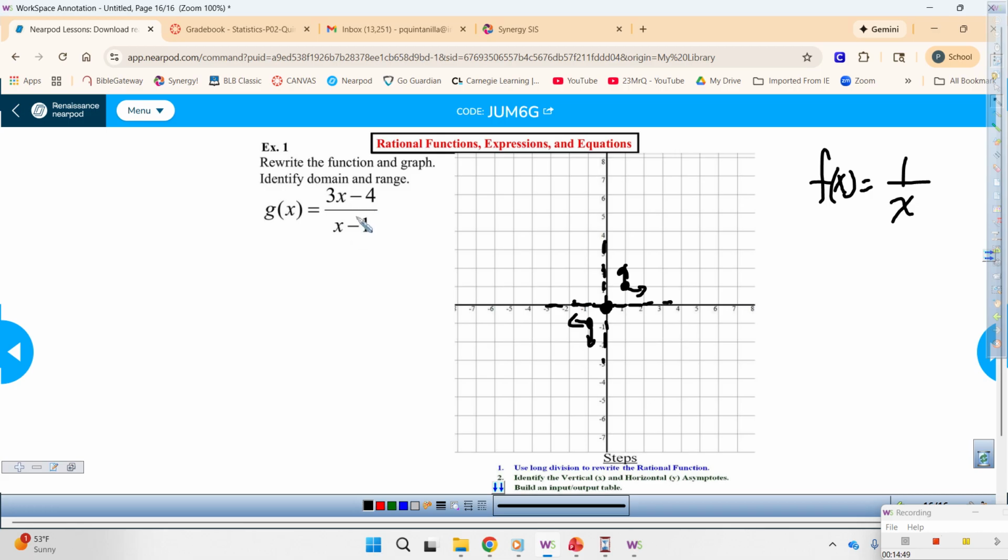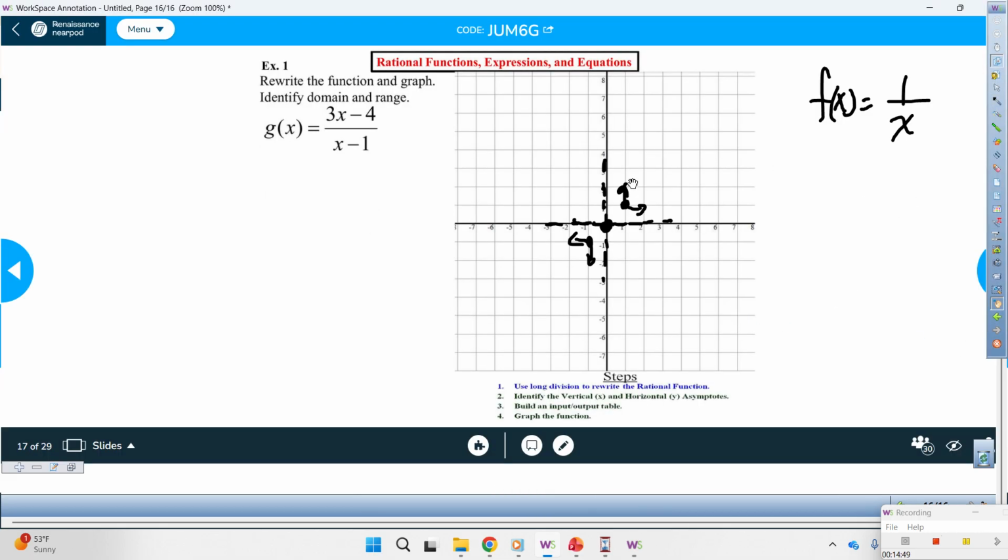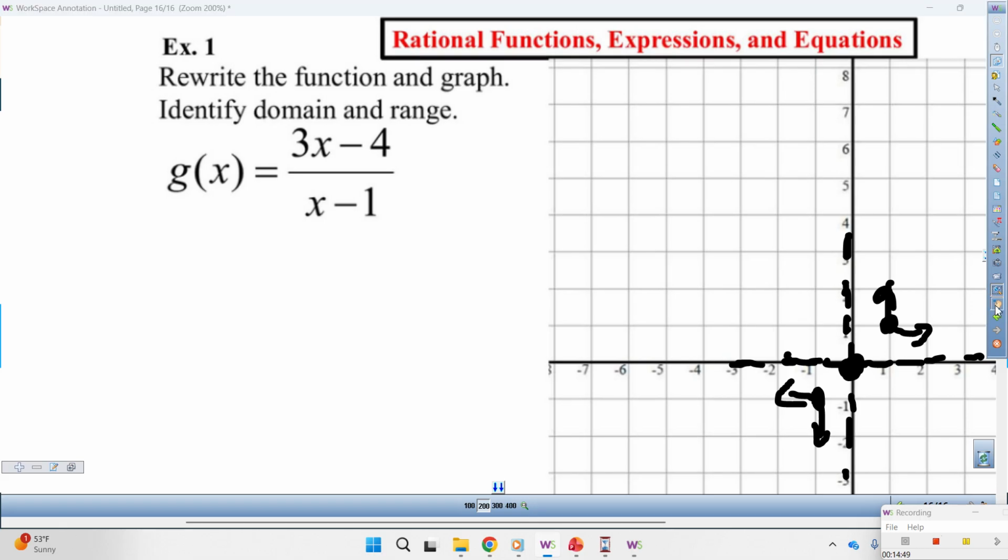Let's see. Let me go with someone different today. Let's go with Leo. What do I do with this? Everyone, what do we do with that?